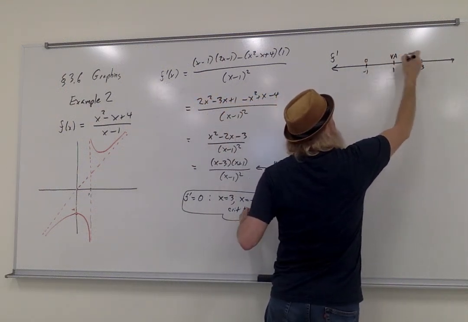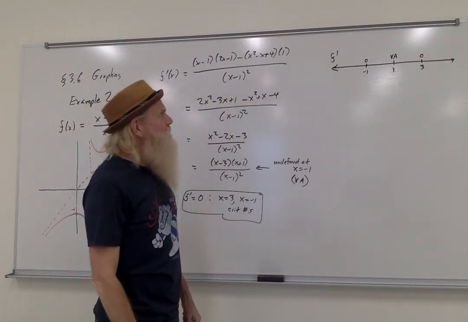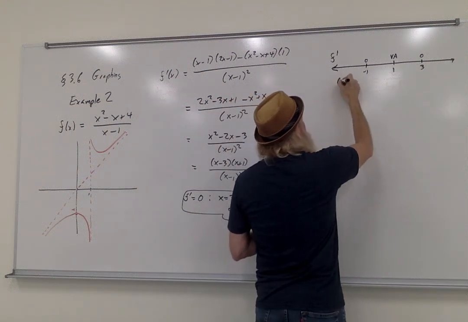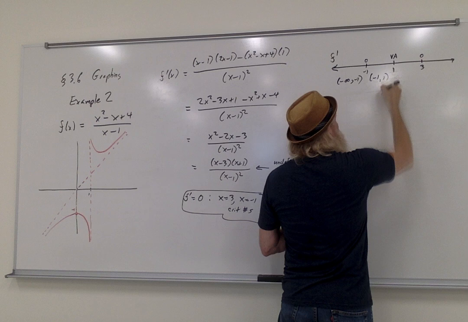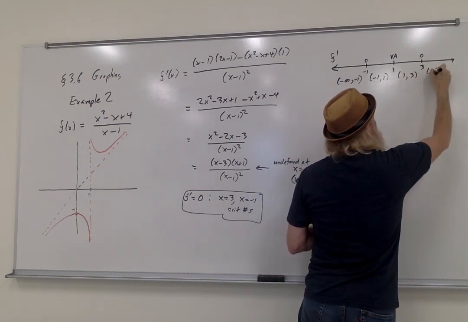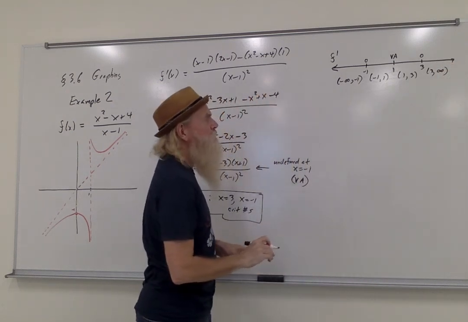And at each of those, the first derivative is 0. So I'll write a 0 up there on the number line. And now I have 4 intervals to test: from negative infinity to negative 1, from negative 1 to 1, from 1 to 3, and from 3 to infinity.